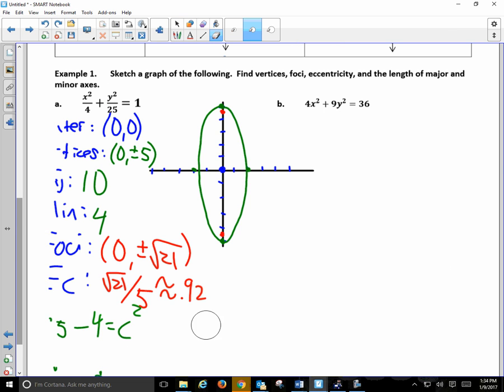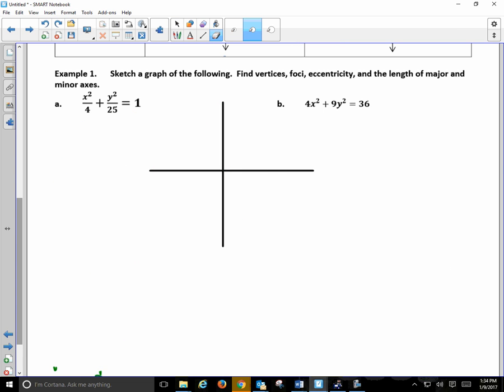How's the next one different? It's not in the form. What do we do to put it in the form? So what does it have to be equal to? So I divide by, and I get x squared over 9 plus y squared over 4 is equal to 1.